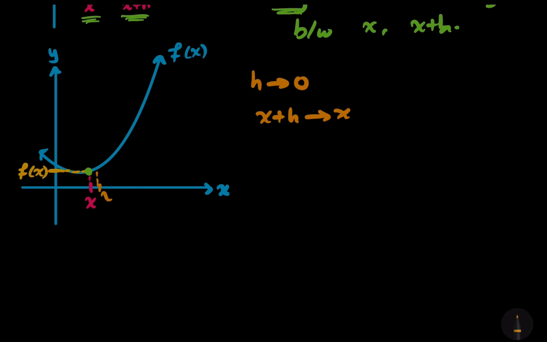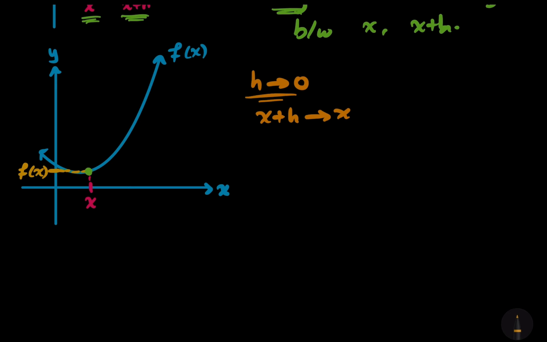This could be our new x plus h, and of course it would have its corresponding f of x value. So that would be x plus h comma f of x plus h. And then we can make it even closer, right? We can bring x plus h extremely close to the point x by taking h to 0.